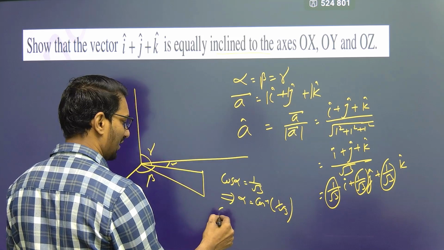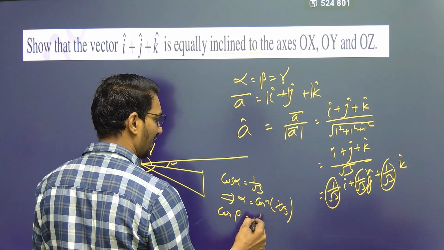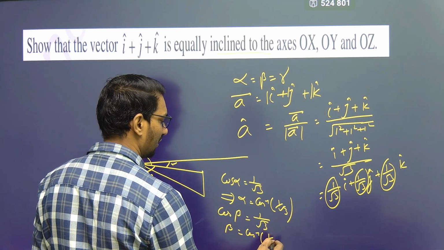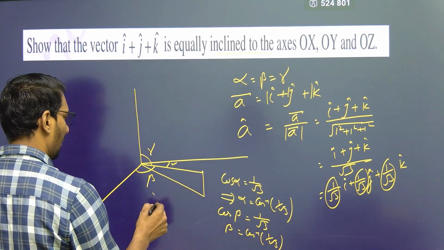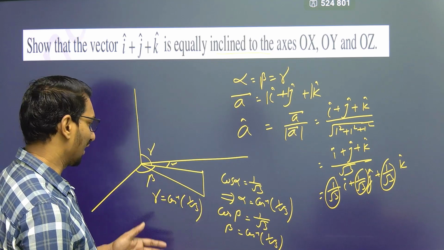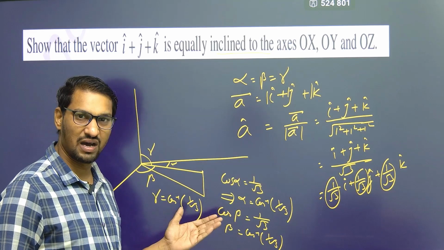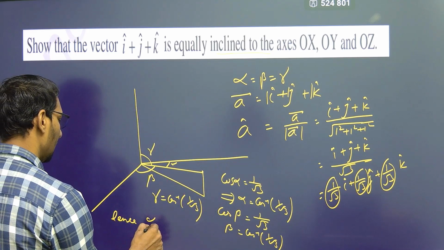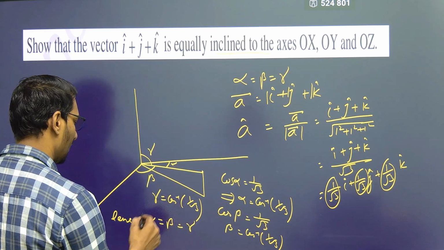In the same manner, cos beta equal to 1 by root 3, so beta equal to cos inverse 1 by root 3. And gamma equal to cos inverse 1 by root 3. And we can clearly see that alpha, beta, gamma are equal. Hence, alpha equal to beta equal to gamma.